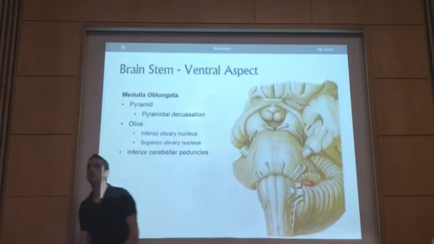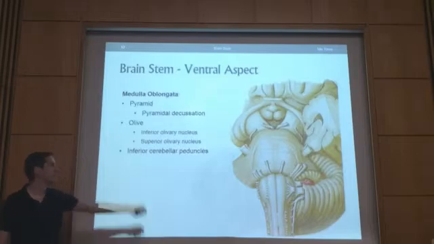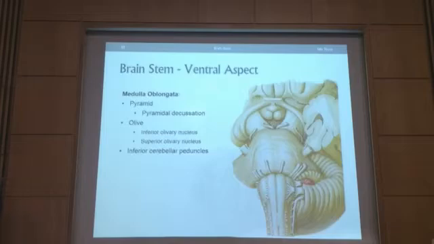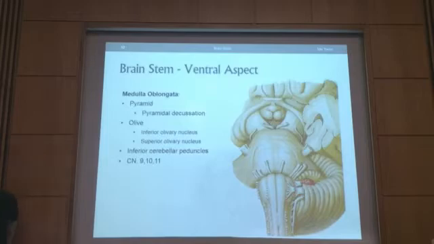The most lateral bump. So when we look at the medulla, you see 3 bumps on the ventral aspect. The most medial one is the pyramid, the middle one is the olive, and the most lateral is the inferior cerebellar peduncle. And between the olive and the inferior cerebellar peduncle, there are additional 3 cranial nerves.